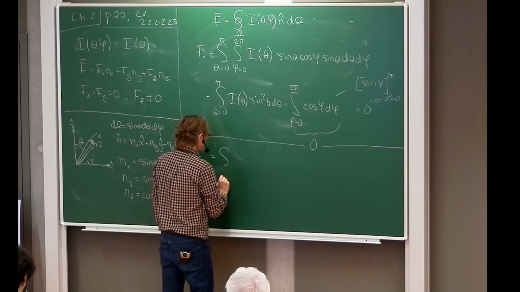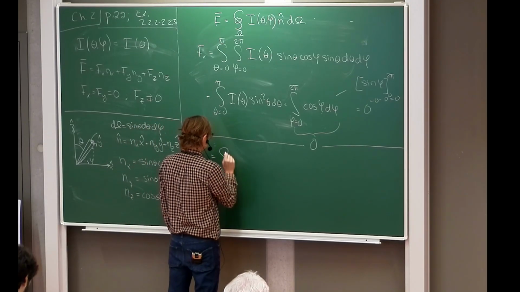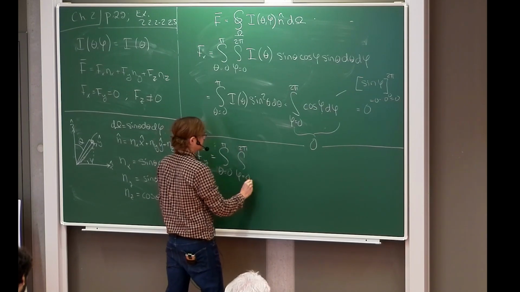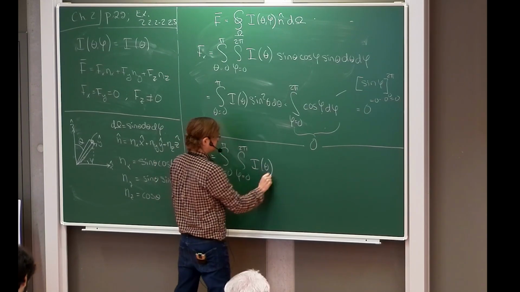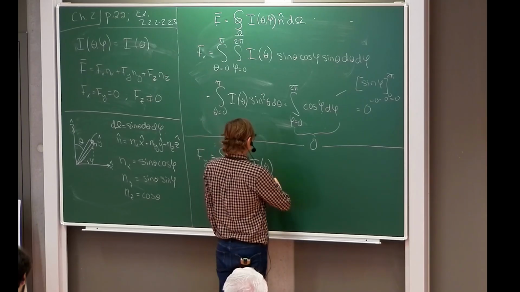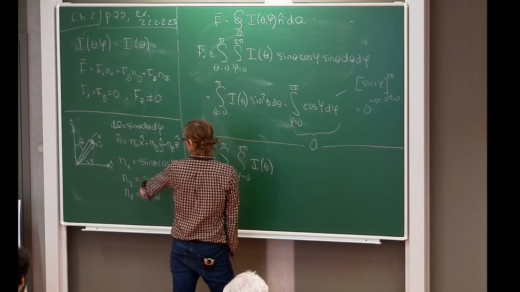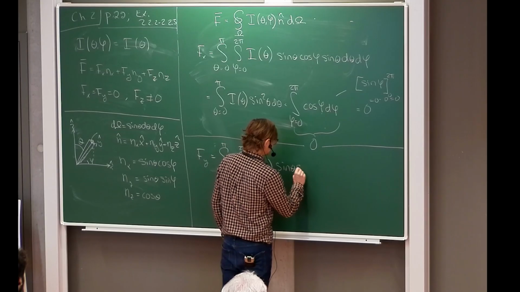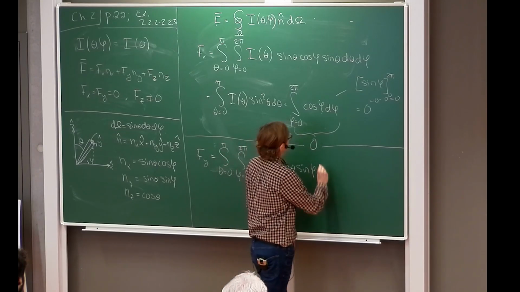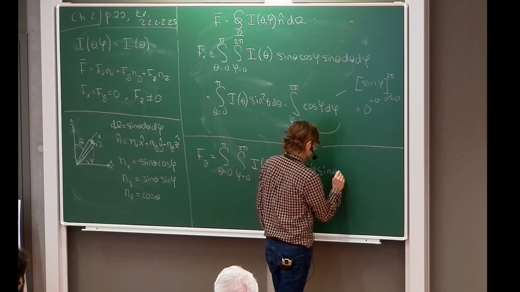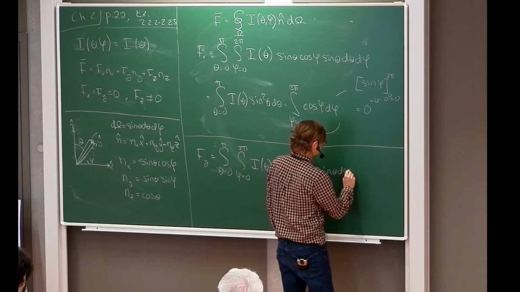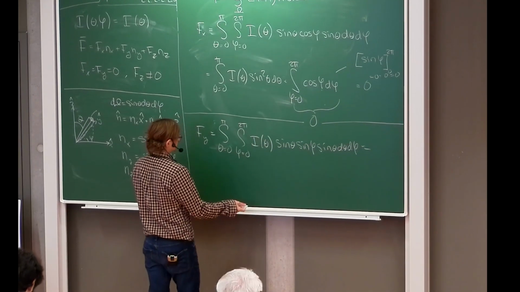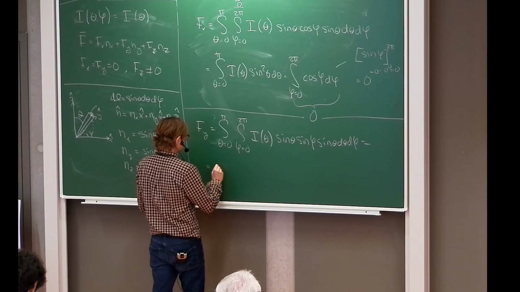Fy is then the integral over theta from 0 to pi, phi from 0 to 2 pi, I, again only a function of theta, and then we have sine theta sine phi, and then sine theta d theta d phi. We can again split the integral.